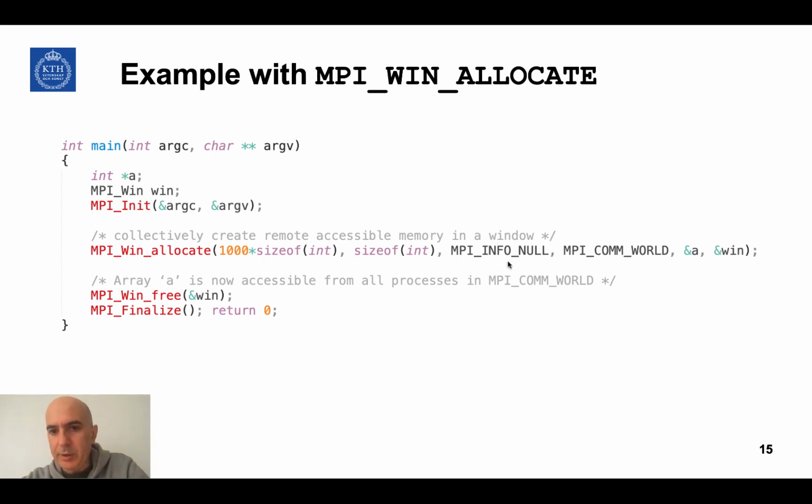There is no info object, so we provide MPI_INFO_NULL, then the communicator, the window handle, and the pointer to our A. At this point, A is now accessible to all the processes in MPI_COMM_WORLD, and also we need to remember to free.